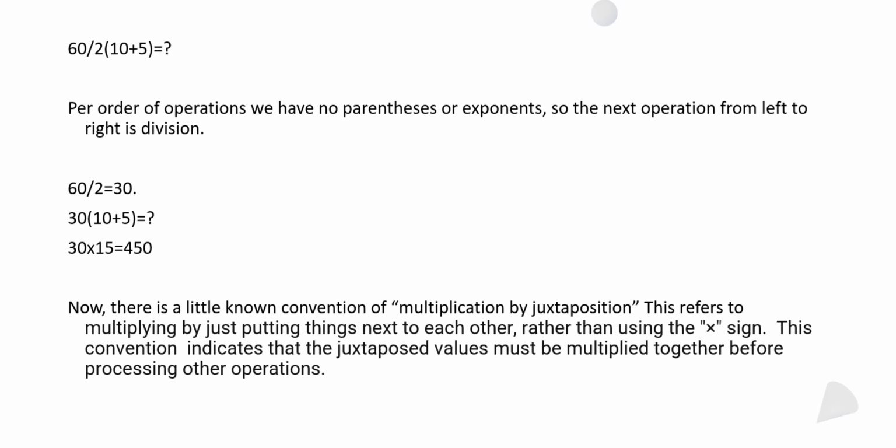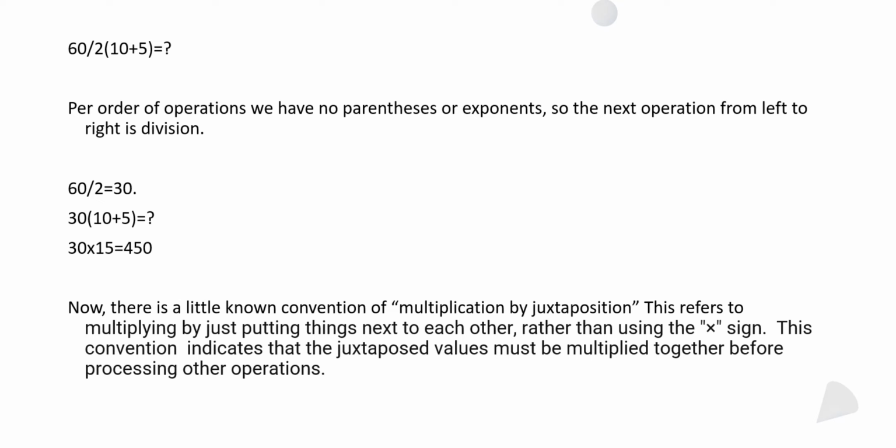So anyway, back to the problem we've got. It's 60 divided by 2 times the quantity 10 plus 5. Per the order of operations, we don't have any parentheses, we don't have any exponents, so the very next operation from left to right is our division. So we're going to do 60 divided by 2 is 30, then 30 times the quantity of, technically, we do the thing in parentheses first, so if we did that, we would have 15.